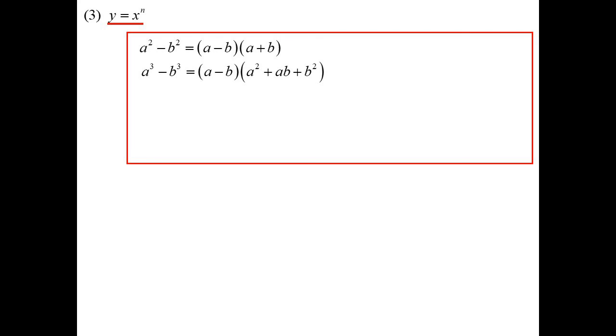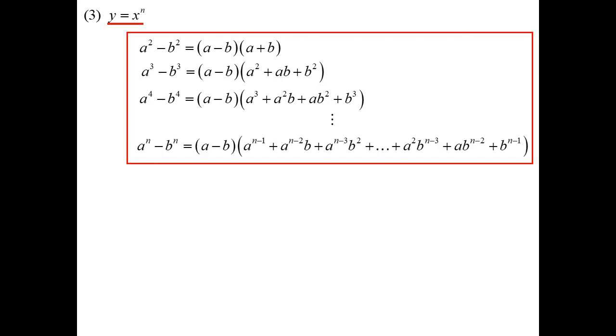The difference of two quartics could be written this way. a minus b, a cubed plus a squared b plus ab squared plus b cubed. And that pattern continues whenever you've got a to the power of n minus b to the power of n. You can always factorise it to be a minus b, and then in the second parentheses, the powers of a go down by 1 each term, the powers of b go up by 1. It's that pattern that's going to be useful in our proof.